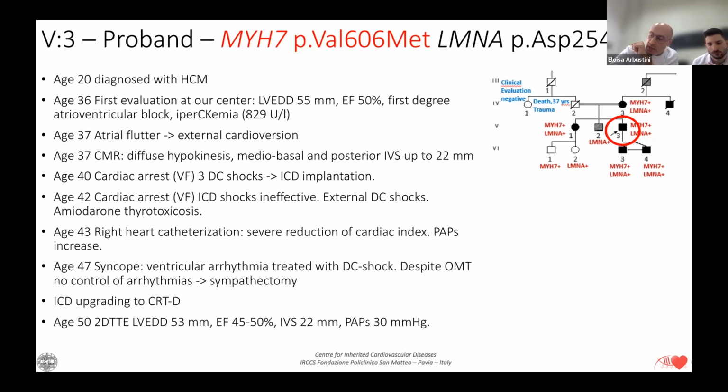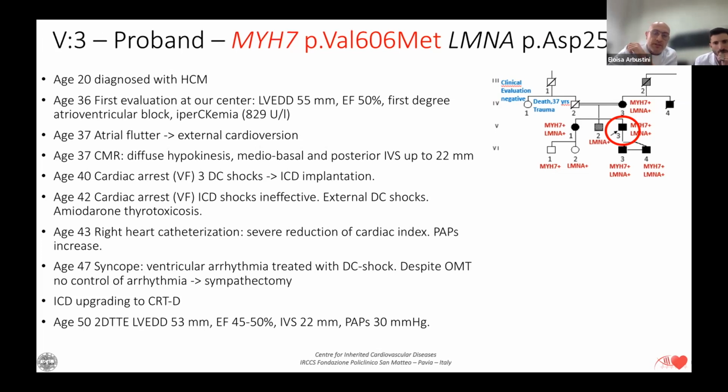His following clinical history is characterized by supraventricular, but mostly ventricular arrhythmias that led to repeated cardiac arrest and to the need of a sympathectomy at the age of 47, after a syncope and a ventricular arrhythmia that was treated with a DC shock.